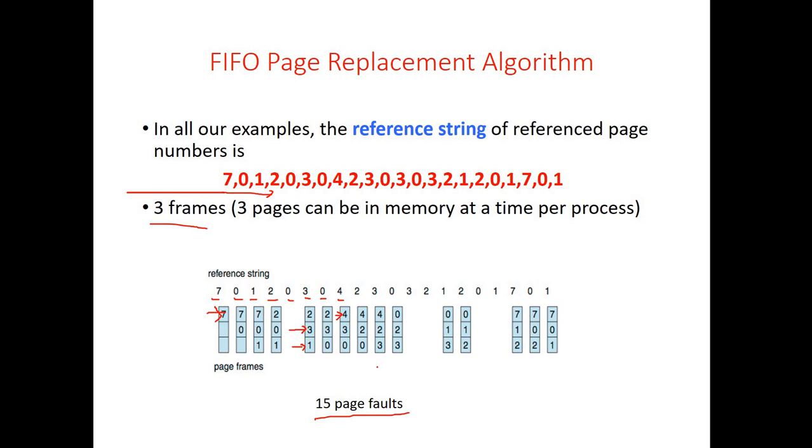The fact which we observe in this FIFO page replacement is that when we replace a frame with a page, that replaced page is immediately required in the near future. So we are not able to hold that page in the physical memory, because according to the first in first out concept, the first frame entered into the physical memory has to be replaced by the requested frame.